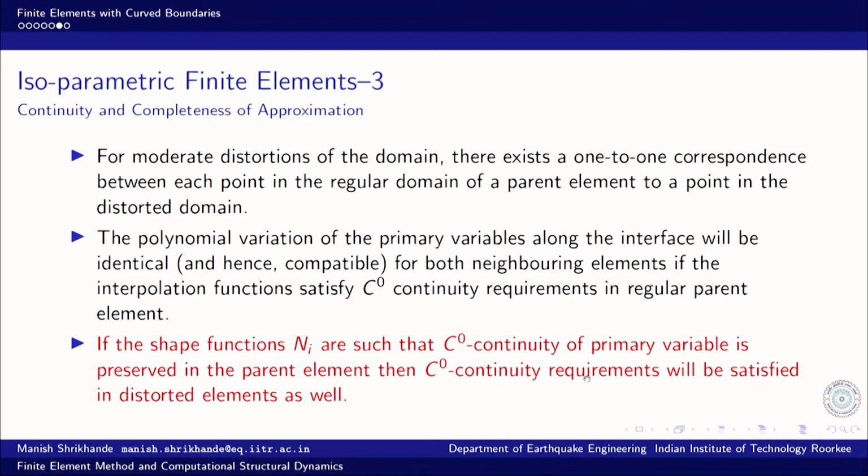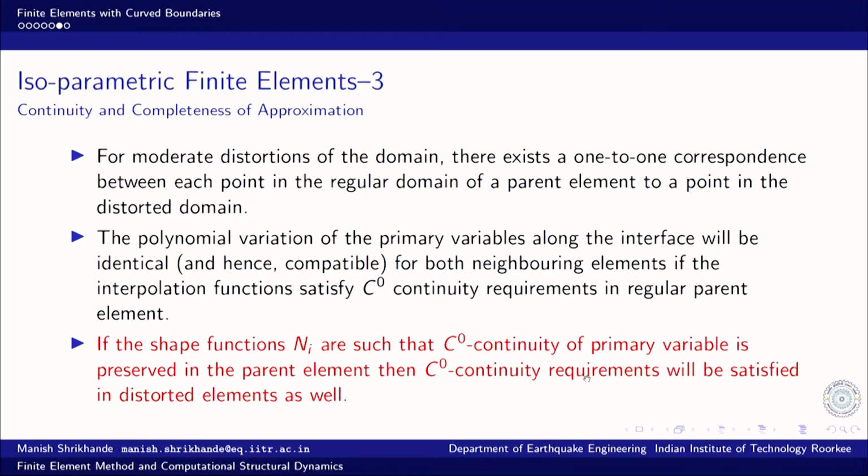So, the conclusion is, if the shape functions Ni are such that C0 continuity of primary variables is preserved in the parent element, then C0 continuity requirements will be satisfied in distorted elements as well. Pretty straightforward, but it needs to be realized that it is not so obvious and not so trivial. This will not hold in case of severe distortion.